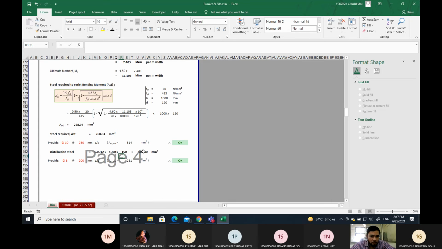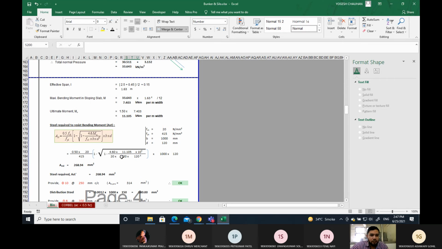So again, it requires 180 mm square, and provided steel is 8 dia 200 center to center. That is okay. So this is how you can design the bottom hopper.